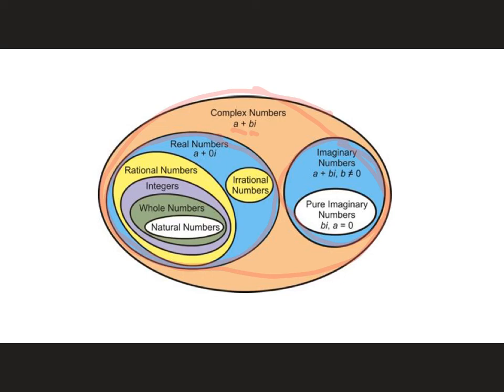Inside the real numbers, we learned that they include rational numbers, integers, whole numbers, natural numbers, as well as irrational numbers. Inside imaginary numbers, which include both a real and an imaginary part, we also have what's called pure imaginary numbers, one in which there is no real number. That's why it says a equals 0, but we have just an imaginary part with the letter i.